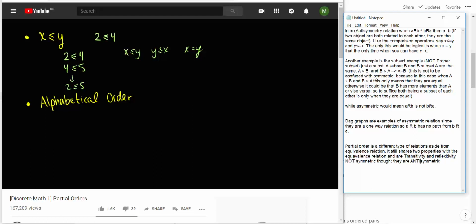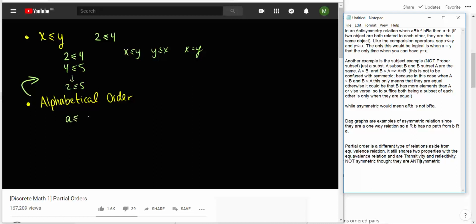Alphabetical order is a little bit more interesting, but it's basically the same system as the x less than or equal to y order. Instead of looking at values of numbers, we just take the letters in alphabetical order.